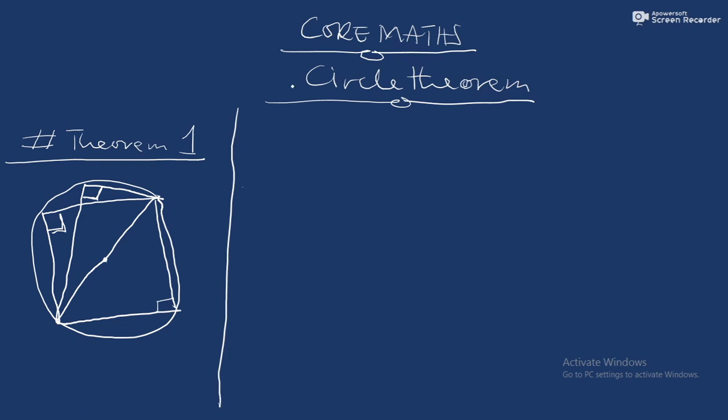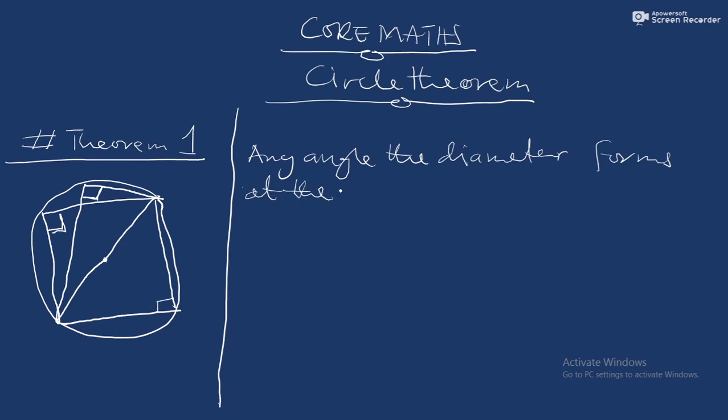So you can state it down: any angle the diameter forms at the circumference of a circle is 90 degrees.